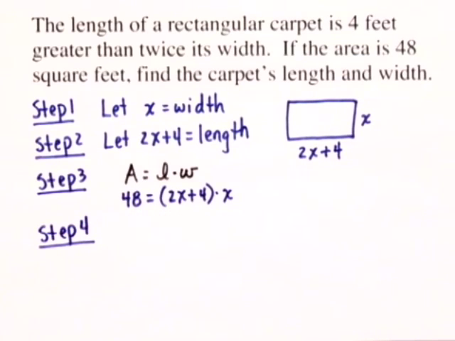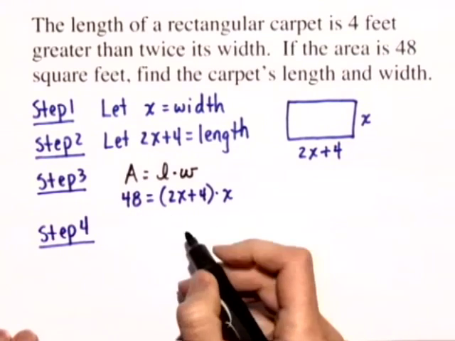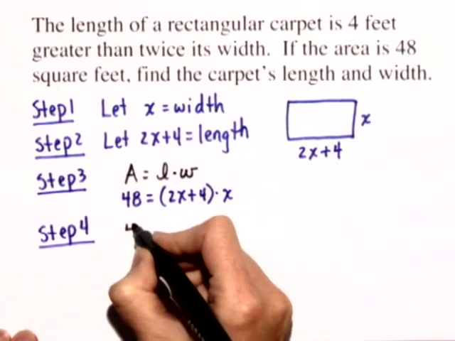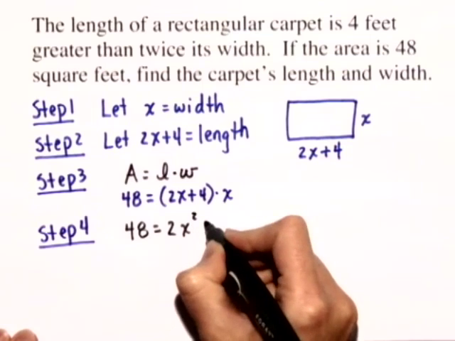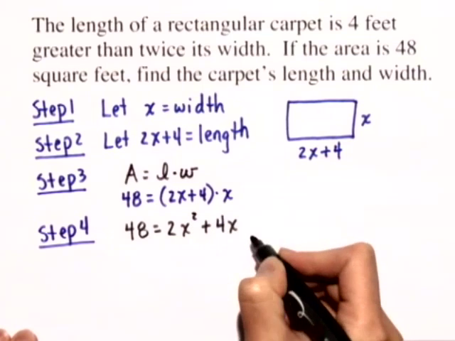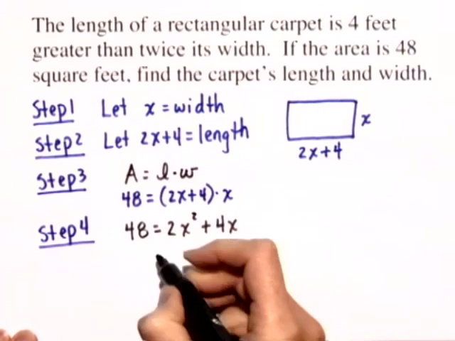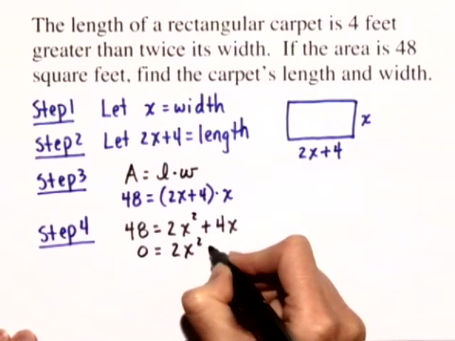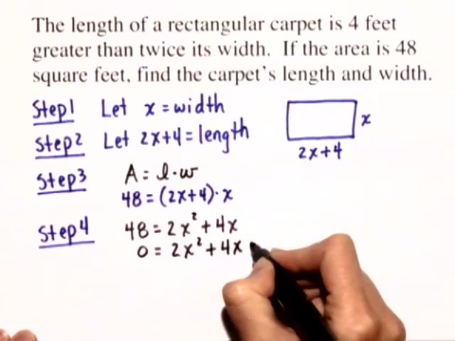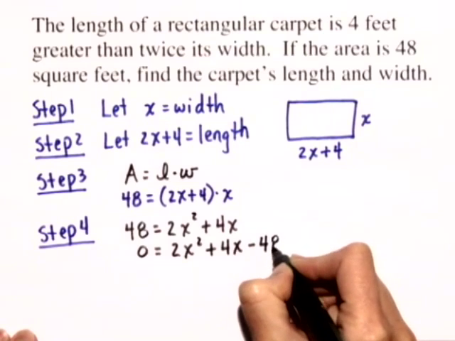So if we solve this, we need to distribute on the right-hand side, and we get 48 equals 2x squared plus 4x. Let's subtract 48 from both sides, and we'll get 0 equals 2x squared plus 4x minus 48.